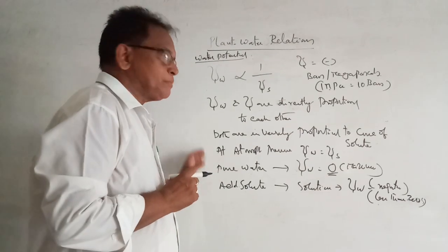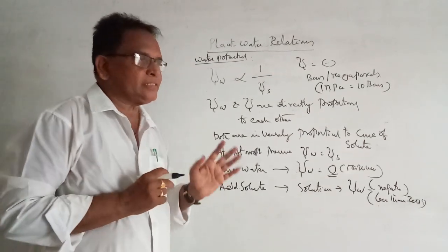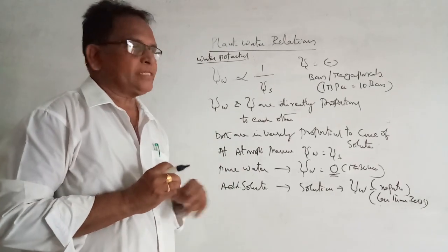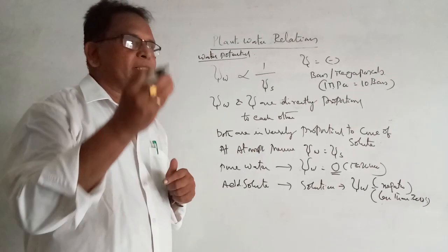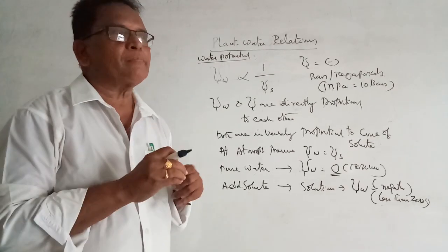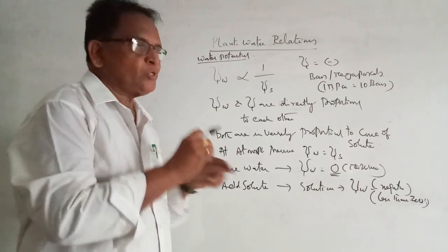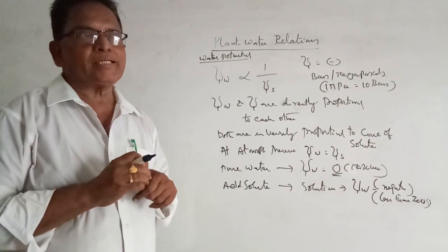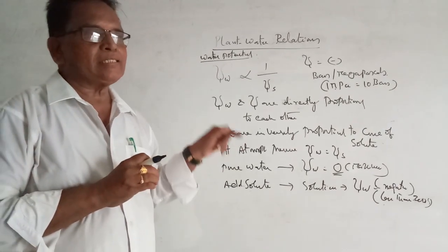Here is the concept you should bear in mind. For pure water, the water potential value is maximum, that is 0. If we add any solute to that solvent, it will become a solution. For any solution, the water potential value is always negative. It is always less than 0.